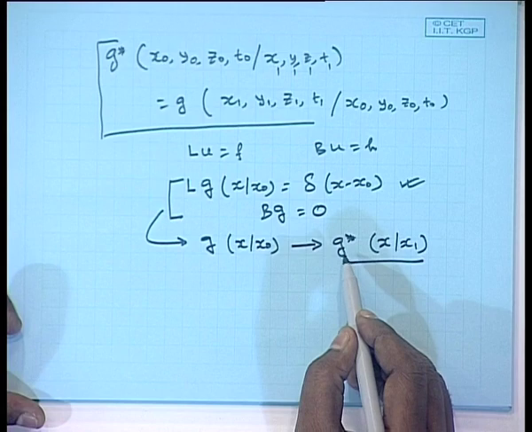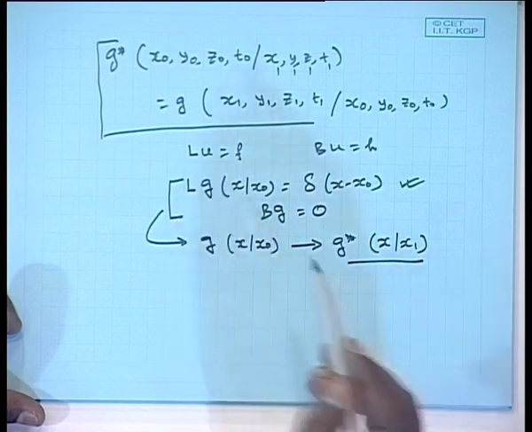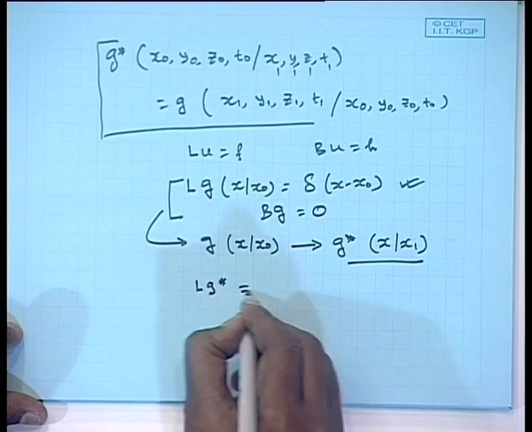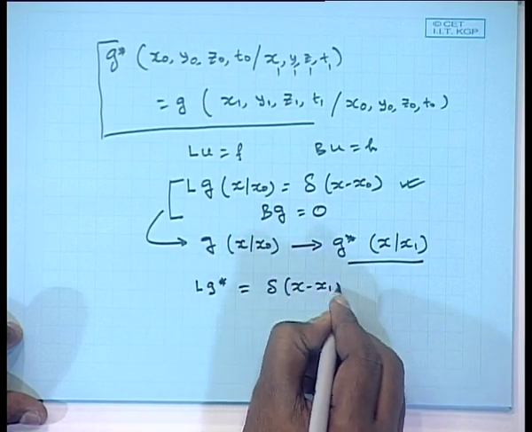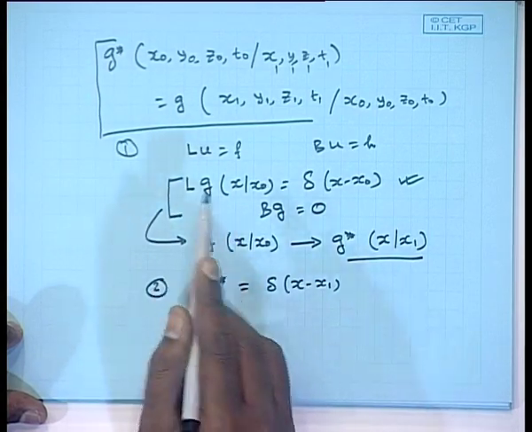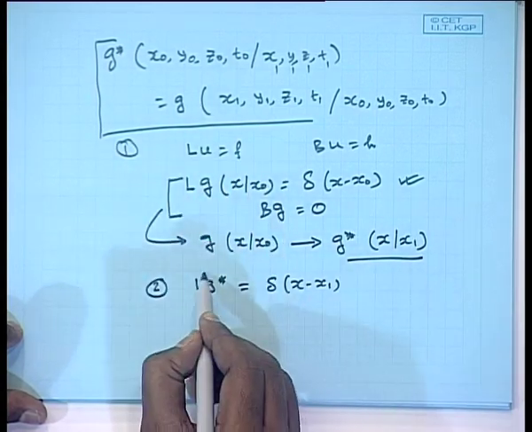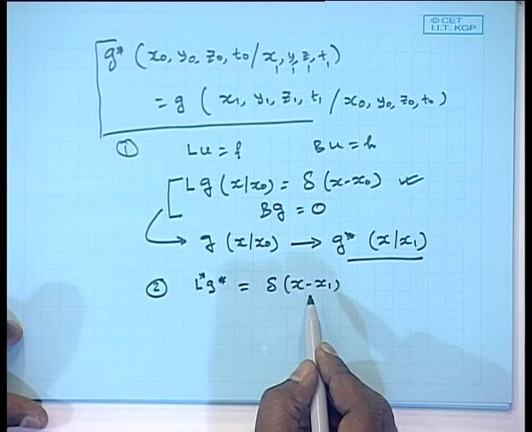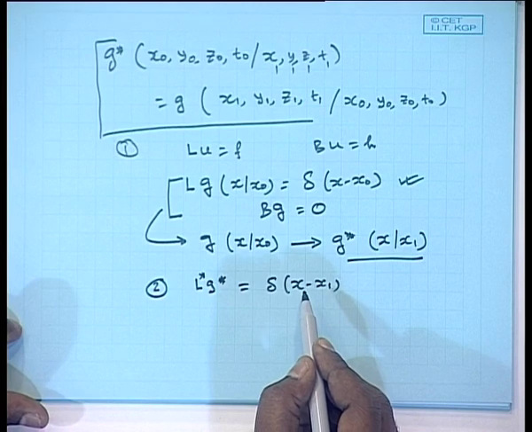Now, how do you relate g star with u? There is no problem. You will get a governing differential equation for g star something like this. Suppose this is equation number 1, this is equation number 2. You multiply equation number 1 with g star, you multiply equation number 2 with u dx, and integrate and subtract.